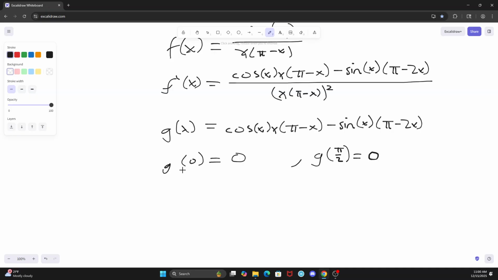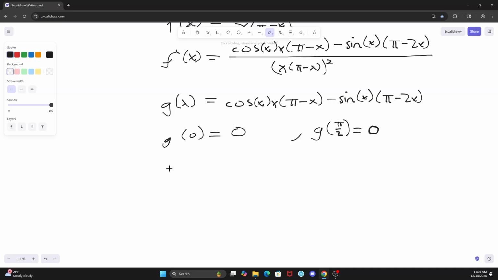And so how do we determine if g is completely positive or non-negative on this interval? Well, we look at its derivative again, right? And see how it behaves from there.